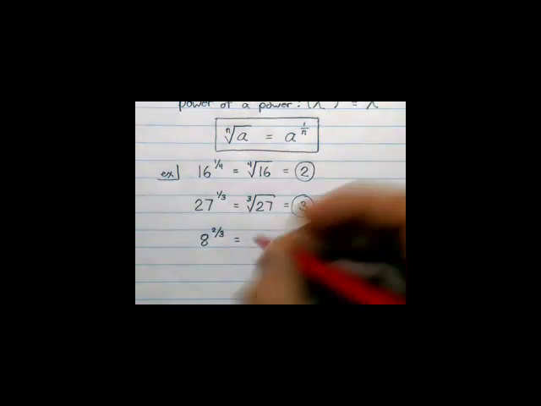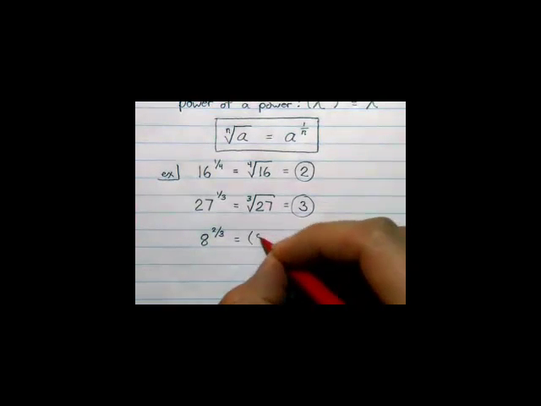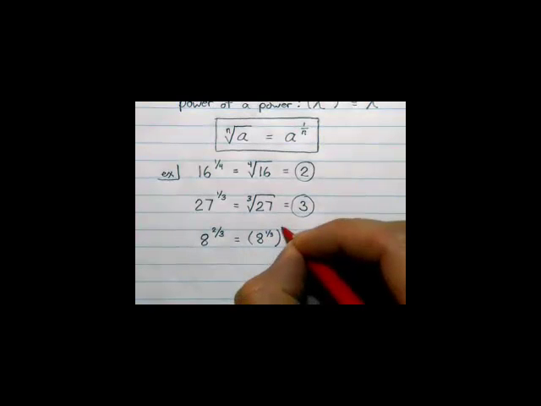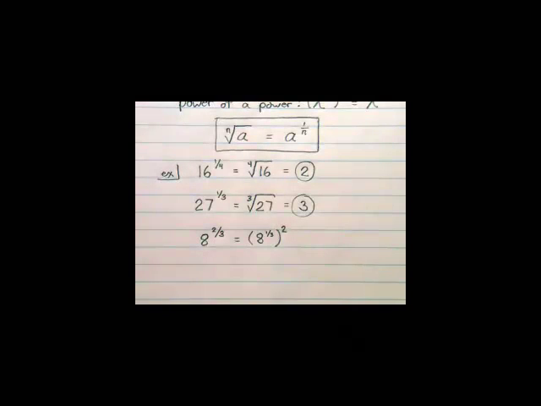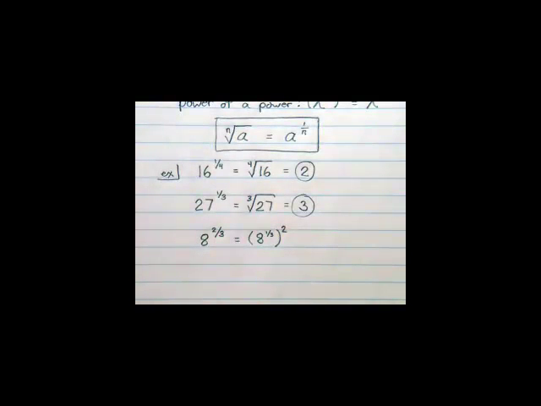Yeah, good job. So it's going to be 8 to the 1/3 power squared. So take a second. Does that make sense? Power of a power, you multiply, right? 2/3 you can break down into 1/3 times 2. And we know what a 1/3 power does.